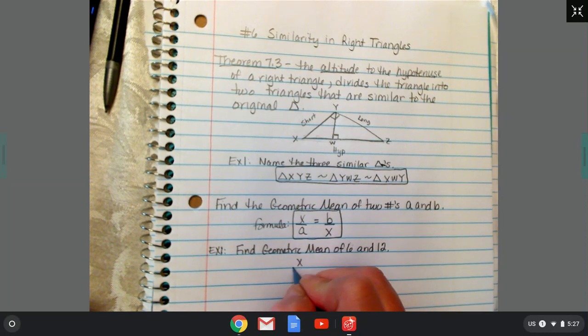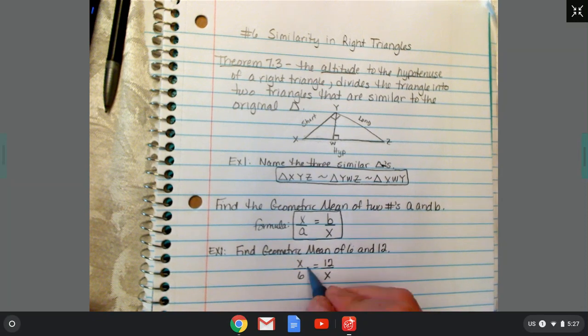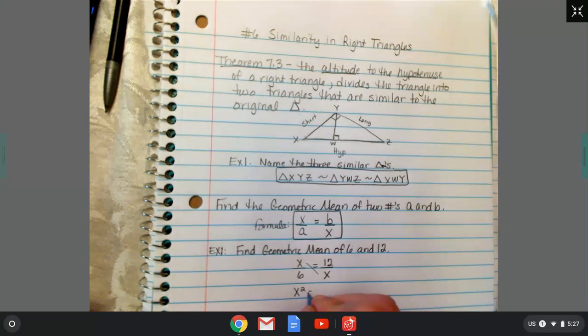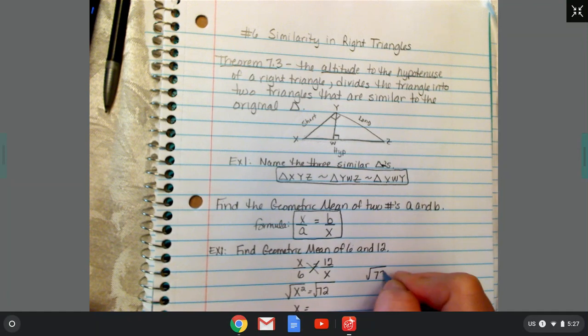So that would be x over 6 equals 12 over x. And you cross multiply. X times x is x squared. 6 times 12 is 72. You want to square root both sides since it's quadratic. Okay, and then let's come over here to the side and break down 72.